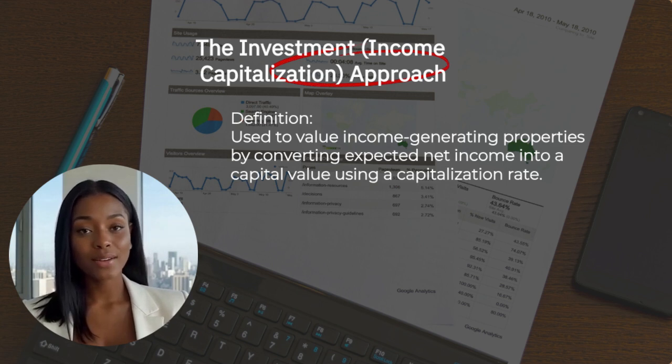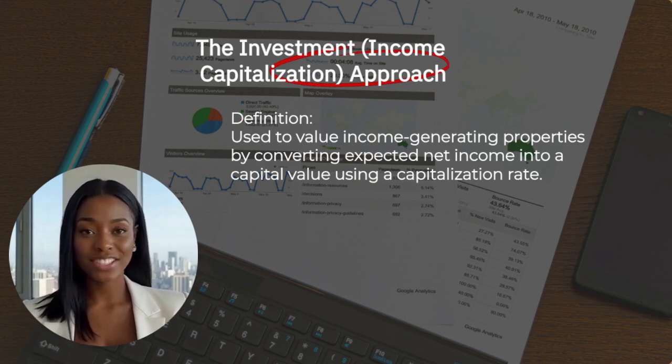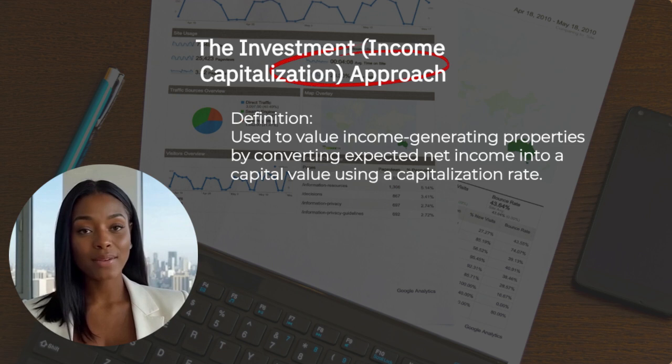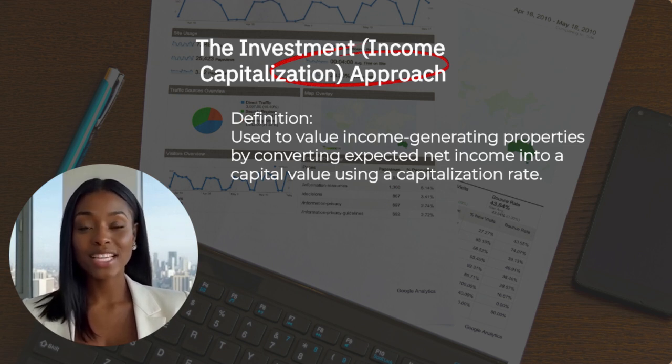Key inputs. Gross income, operating expenses, net operating income, NOI, and the capitalization rate, based on market expectations or risk. Formula, direct capitalization: Value equals NOI divided by the capitalization rate.